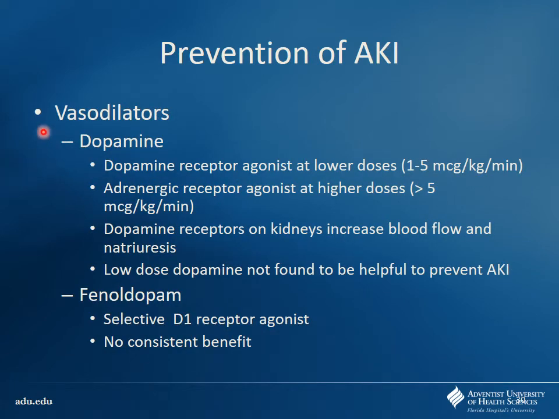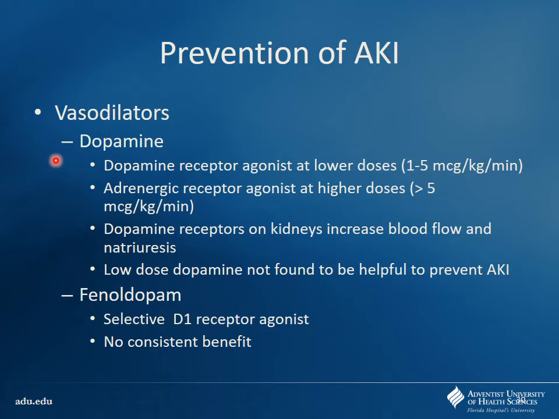Sometimes we can use vasodilators, and so dopamine, we mentioned that earlier as a vasopressor. Dopamine at lower doses actually causes dilation of the renal vessels and improves renal blood flow. And so sometimes you'll see dopamine being given at a low dose. If you give it at higher doses, that's where it starts to activate things like alpha and beta receptors, and so sometimes you'll see higher doses being used as a vasopressor to treat hypotension, right?